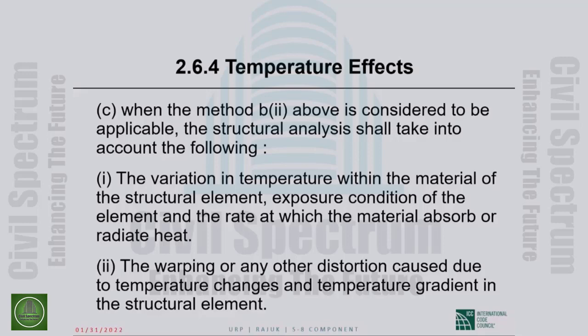All of this is very difficult to do. The effects of temperature on a structure, to analyze for that, is far from simple.